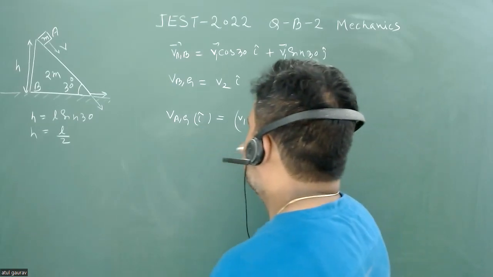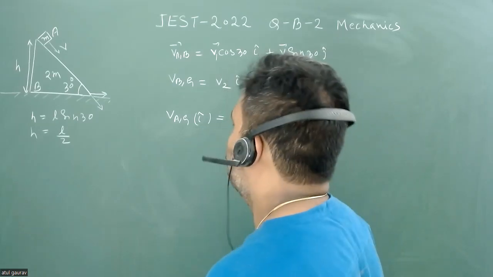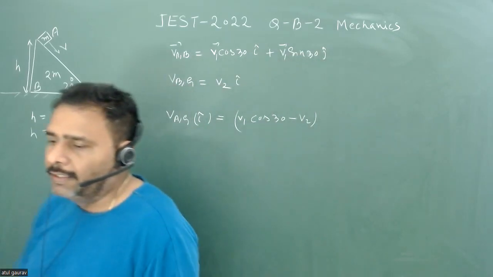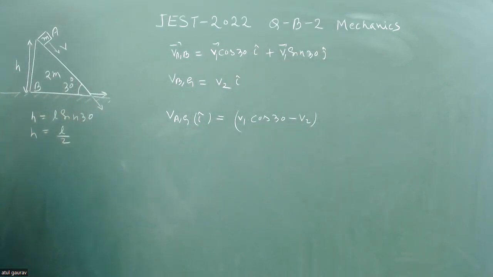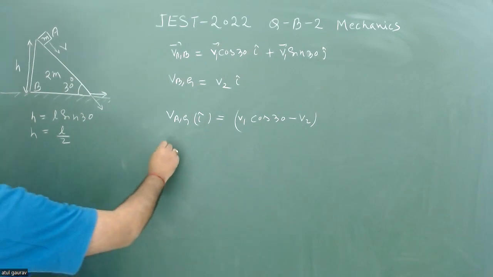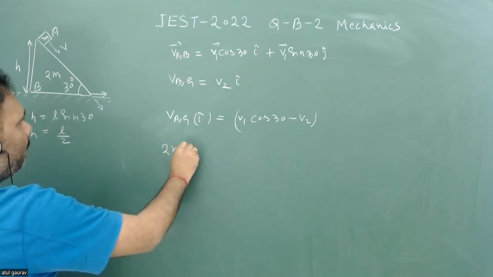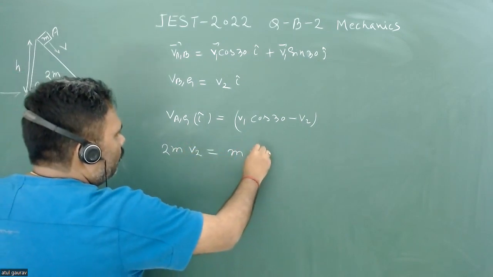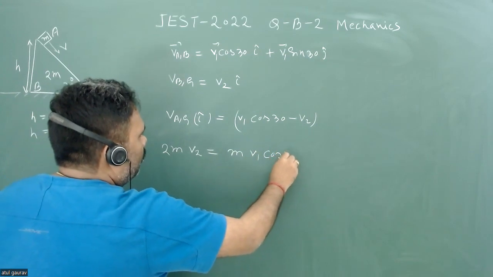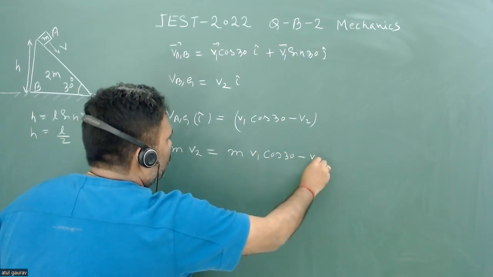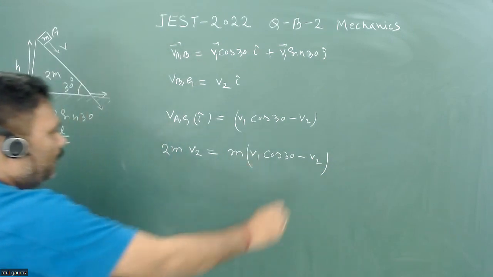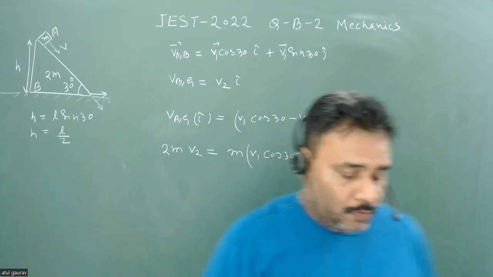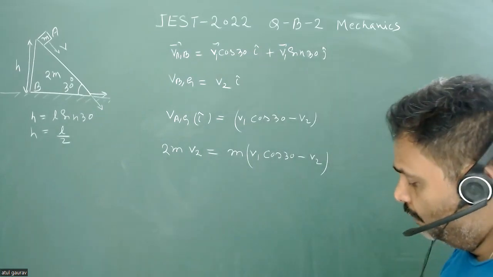Along the x-axis we have conservation of linear momentum. That means 2m V2 is equal to m times V1 cos 30 minus V2. From here we can easily calculate the relationship between V1 and V2.